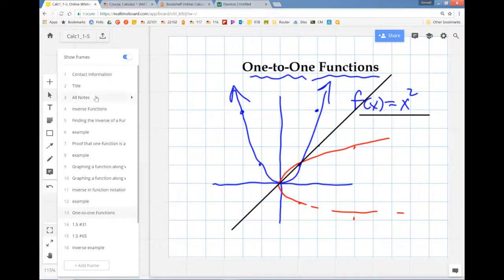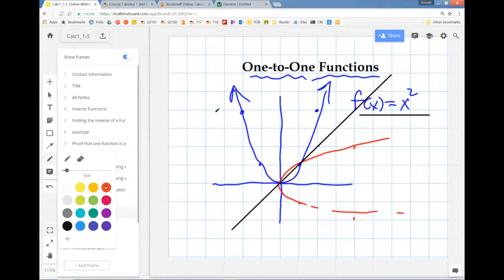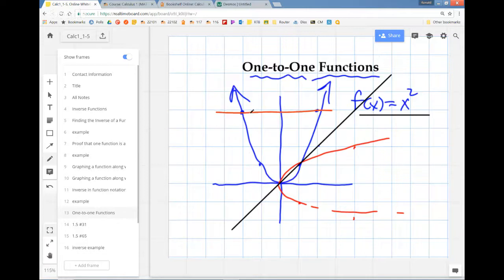That is, it fails the horizontal line test. Meaning when you find its inverse, you can see it fails the vertical line test. So functions that are not one-to-one are examples where, when you find the inverse, the inverse will not be a function.